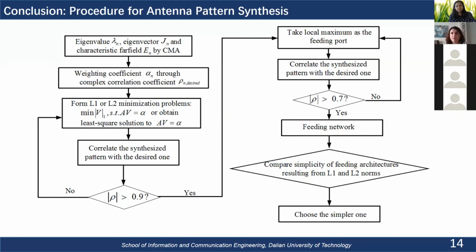I understand your question that V is related with the RWG basis functions, but as Z and J are also related with that, I think the V after being transferred to the synthesized current doesn't really depend on how you mesh it, as long as it's not very, very coarse. It doesn't really depend on how dense you make it, as long as all of your RWG functions have the same size, it doesn't matter so much.